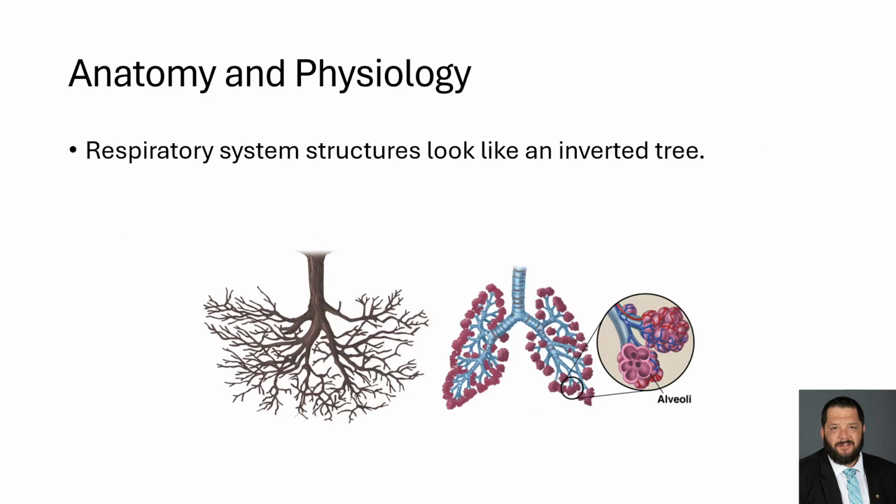When we talk about anatomy and physiology, one thing that helps is association. You can think about the respiratory system, at least the lungs portion of it, as resembling an upside down tree. You have a main trunk that branches out into smaller branches, that branch out into smaller branches, until it becomes infinitely small and terminates at the leaves of a tree, or in the alveoli for the lungs.